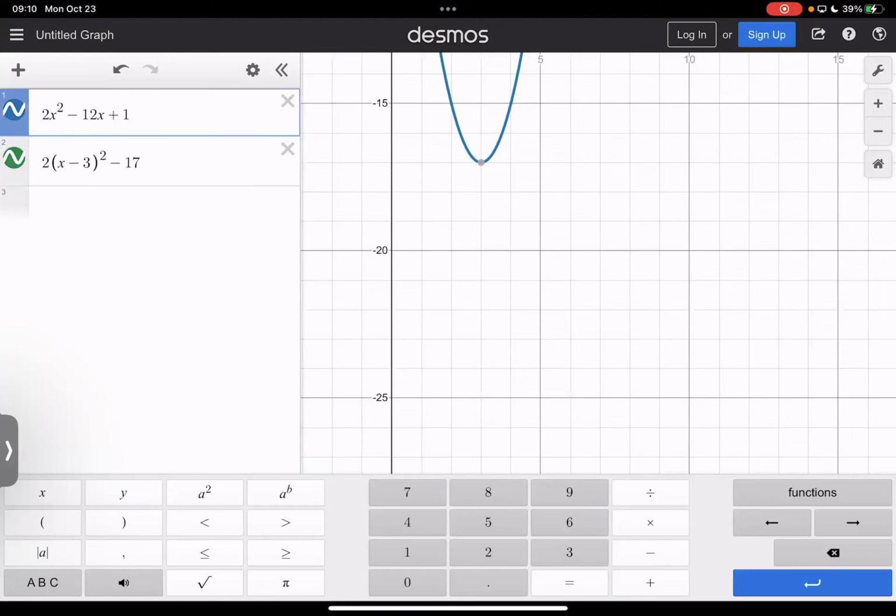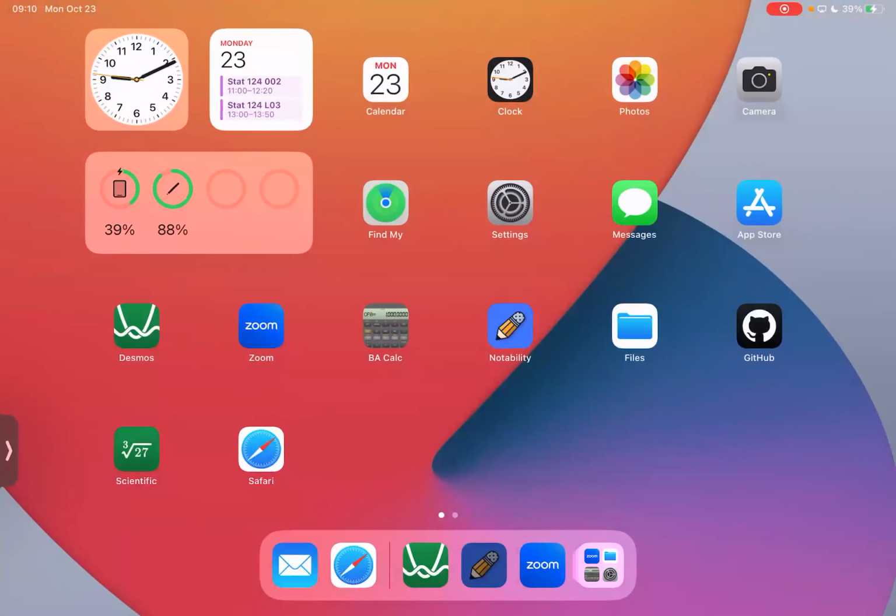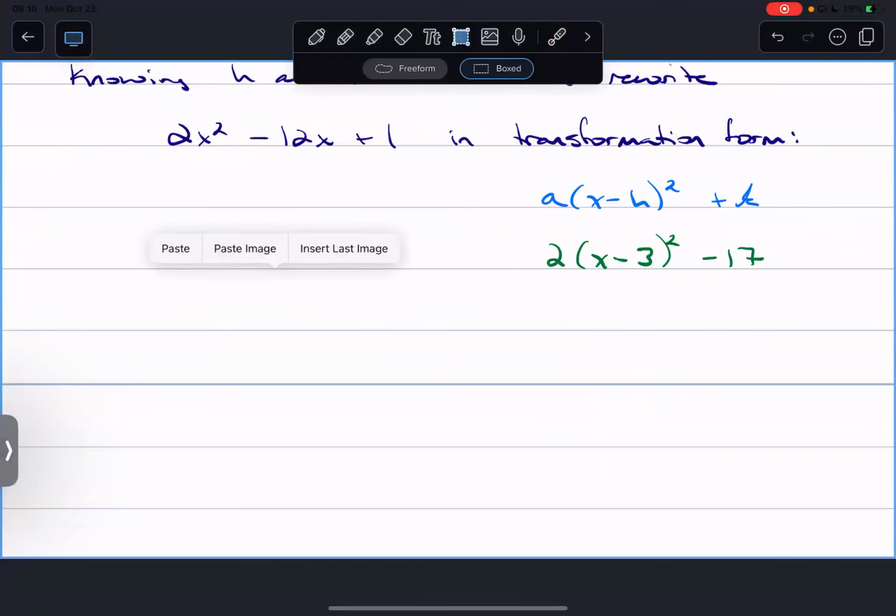Phew. So I can flip between the blue and the green, and they're the same. And that's a good thing. So regardless of the form, they'll be the same.